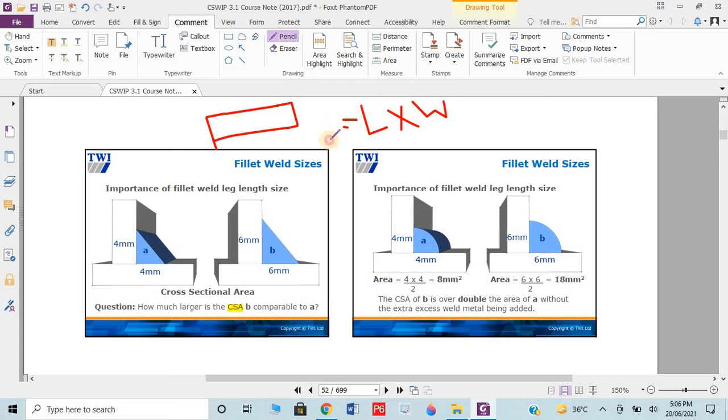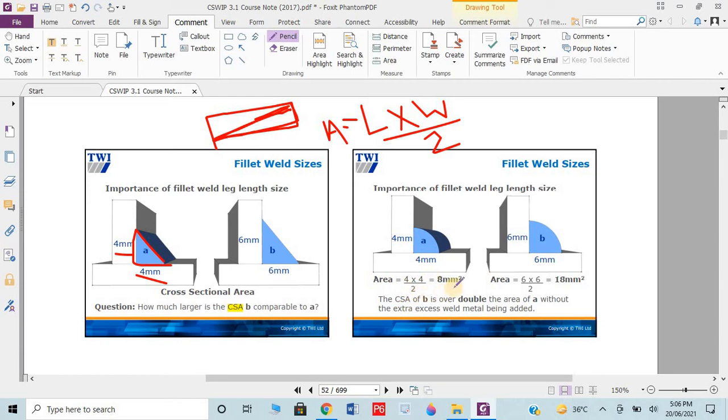Now if we have half of the rectangle, you can see here up to half, this becomes a triangle, right? Then it is length into width divided by 2, and this will be the area of the triangle. This is also a triangle, so simply length into width by 2.